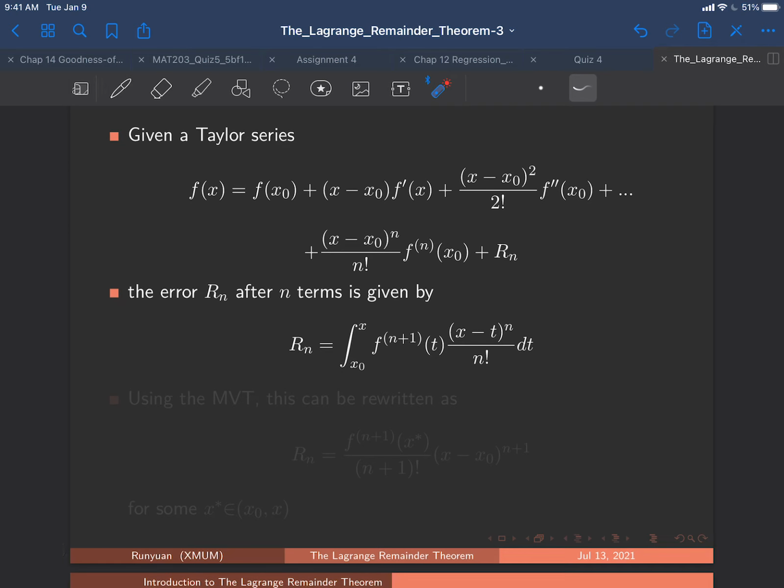The error Rn after n terms is given by Rn equal to the integral from x0 to x of the (n+1)th derivative of f(t) times (x minus t) to the power n divided by n factorial dt.